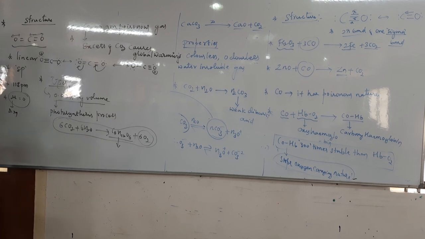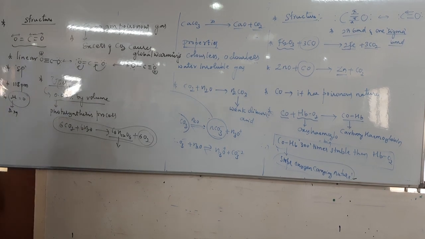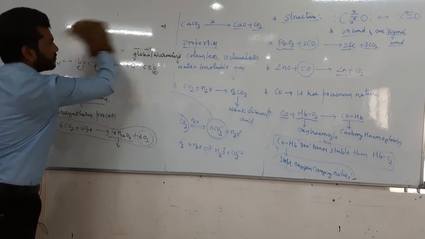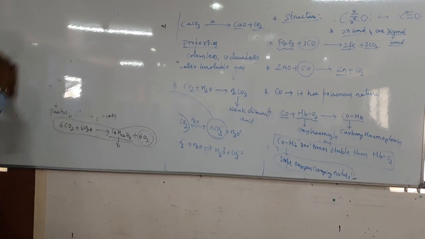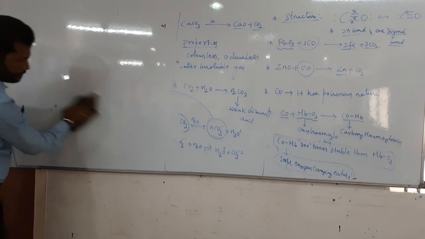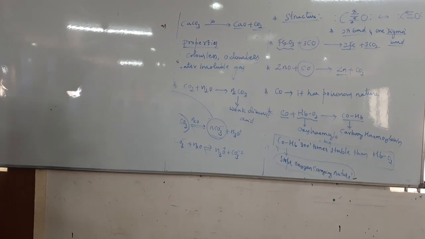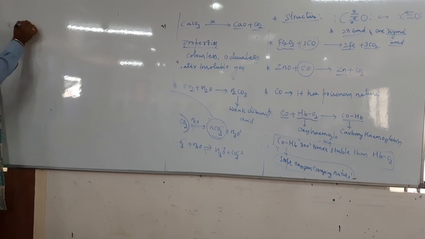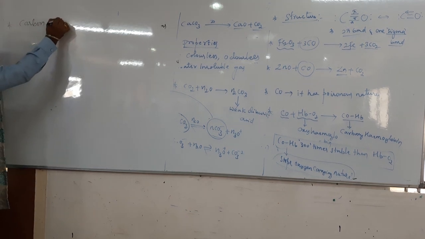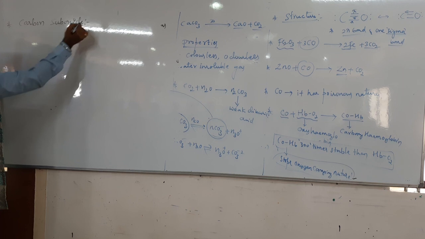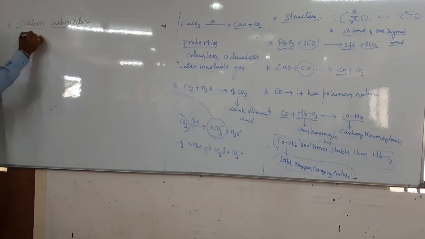Okay? So we have, last but not least, the oxides of carbon, that is carbon suboxide. There is no other information on it, they have just given preparations, so we will talk only about that. So here, about carbon suboxide, some information.